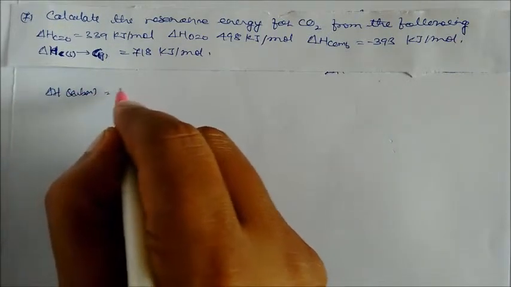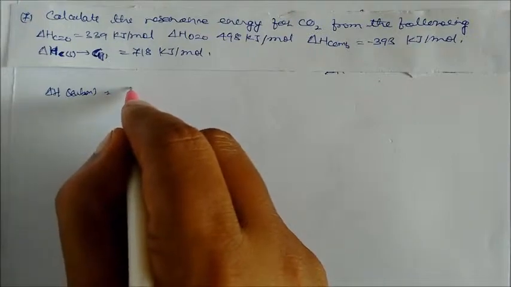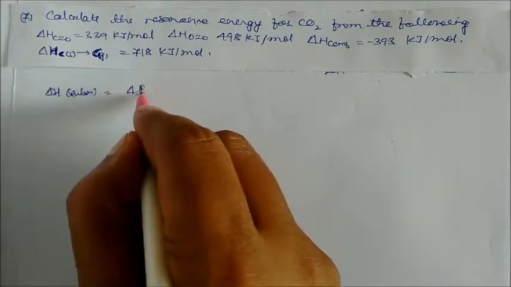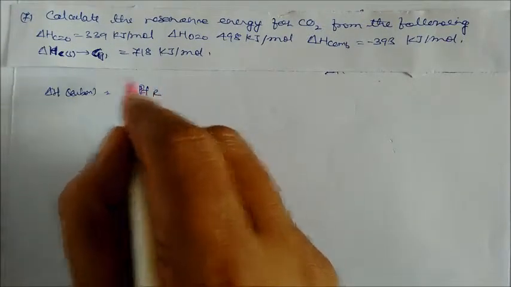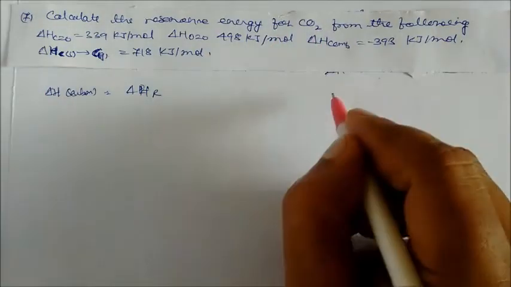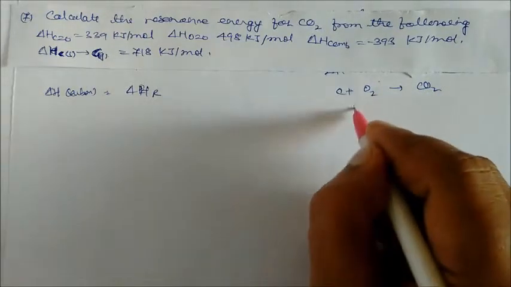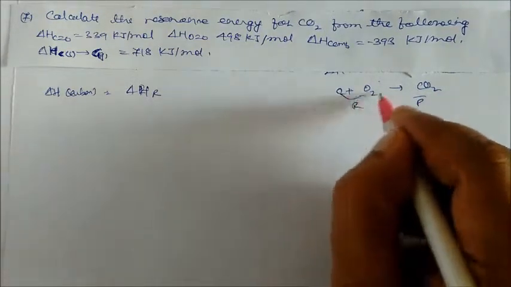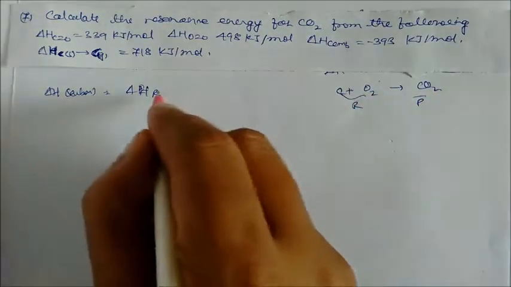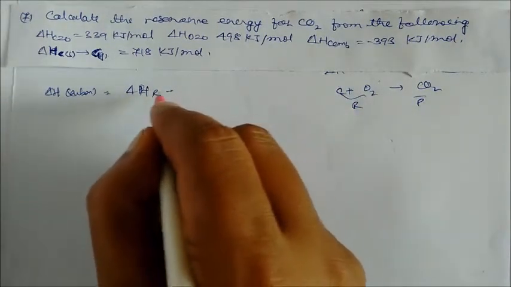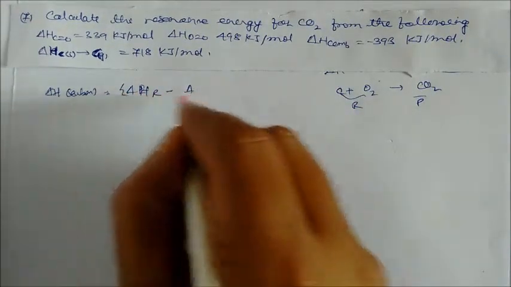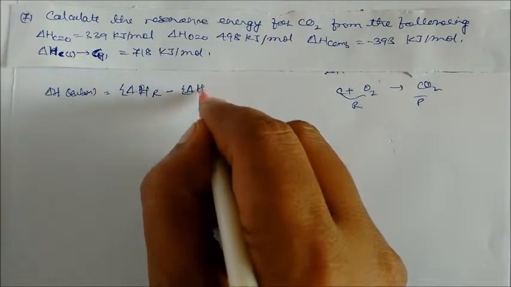We can write the bond energy of the reactant, carbon plus oxygen, so we will get CO2. This is our reactant, this is our product. We take the bond dissociation energy of the reactants minus the summation of the energy of the product.